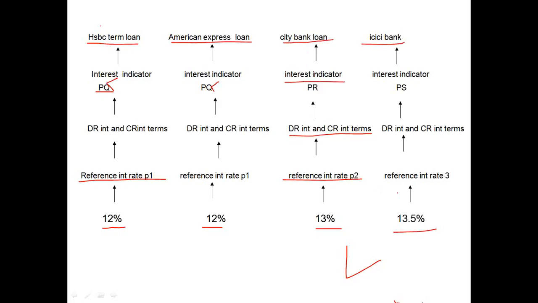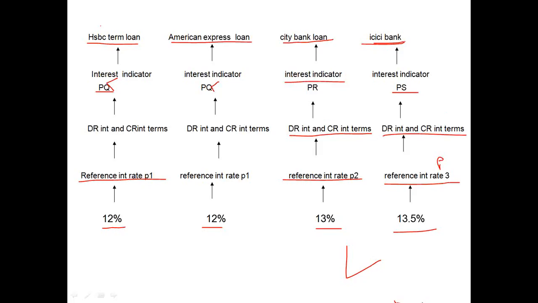Similarly, for 13.5%, again we define another reference rate of interest and another interest indicator. The actual rate of interest 13.5% will be linked to reference rate of interest P3. Then P3 will be linked to debit interest and credit interest terms under the interest indicator PS, and PS will be assigned in the ICICI Bank term loan account.